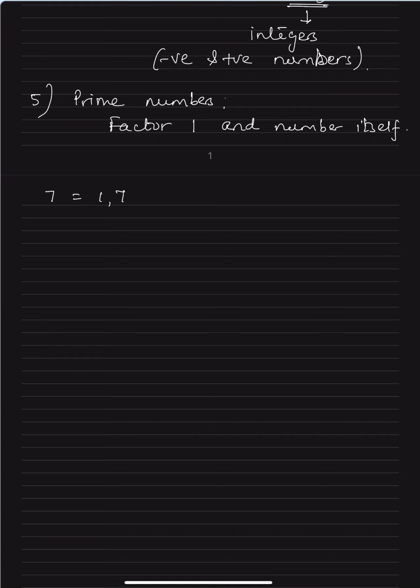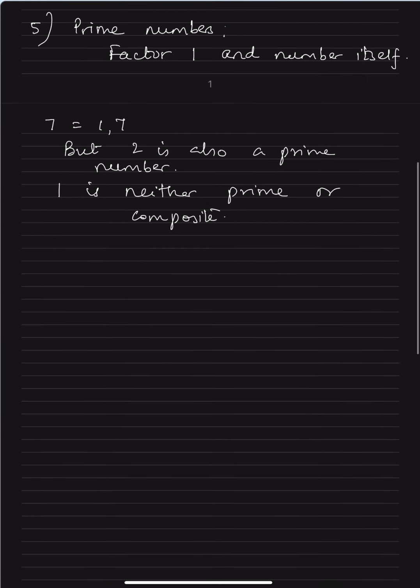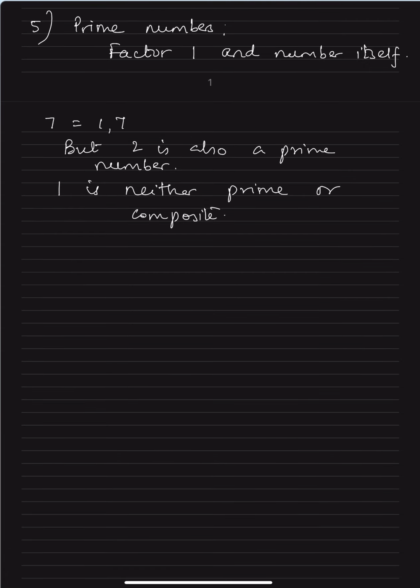So these are the prime numbers, but 2 is also a prime number. This is the only even prime number and all others are odd. And we can note down that 1 is neither prime nor composite number. 1 is there in all the numbers. Okay? So this is more important for you.